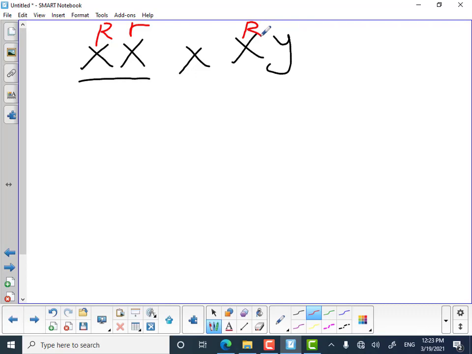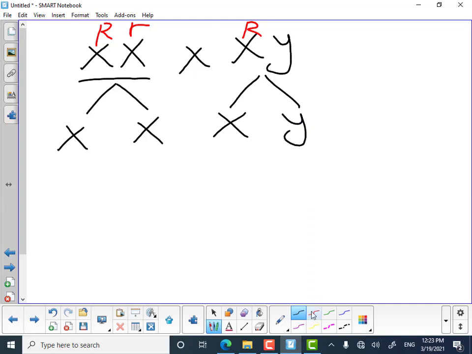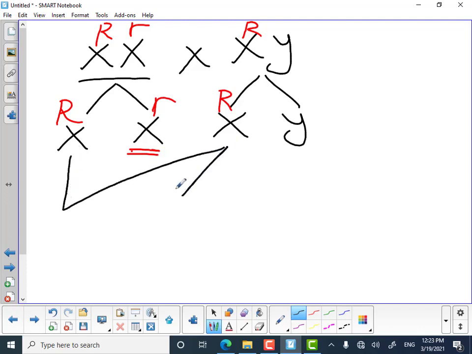What happens? We will show now. This female gives us two gametes, and this male gives us two gametes also. This X carries the R capital chromosome, and this female, one of the gametes carries the capital chromosome and another one carries the recessive gamete, which is R small. Then we will do our mating between the gametes, like you know.